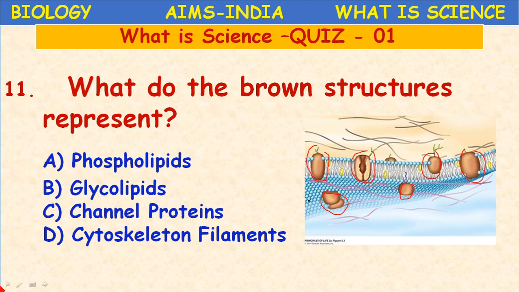Yes, they represent the channel proteins. This green colored part represents the carbohydrates, chains of carbohydrates. So this entire structure represents the glycoproteins. So channel proteins, the answer is C.